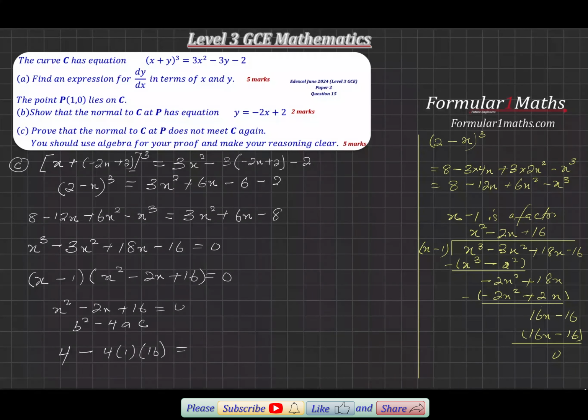And that will be equal to 4 minus 64, which is minus 60. So you can see that b squared minus 4ac is less than 0. So we can conclude that hence no more meeting or intersection. And that is the solution for this part of the question.